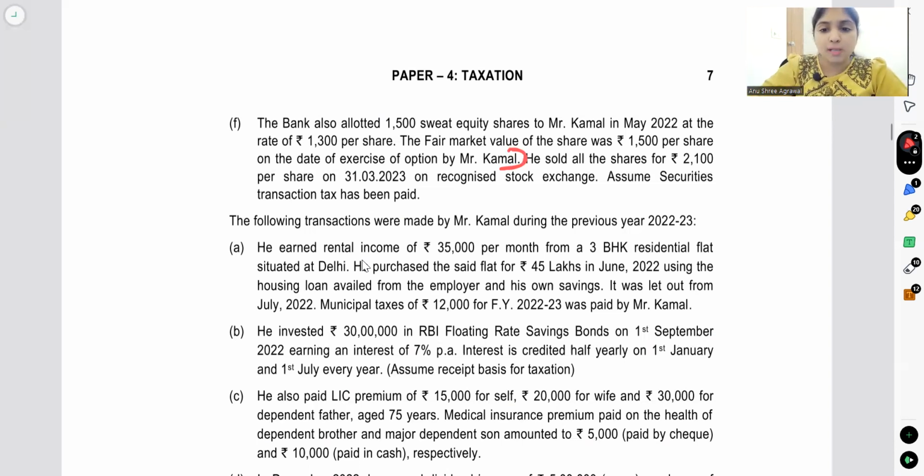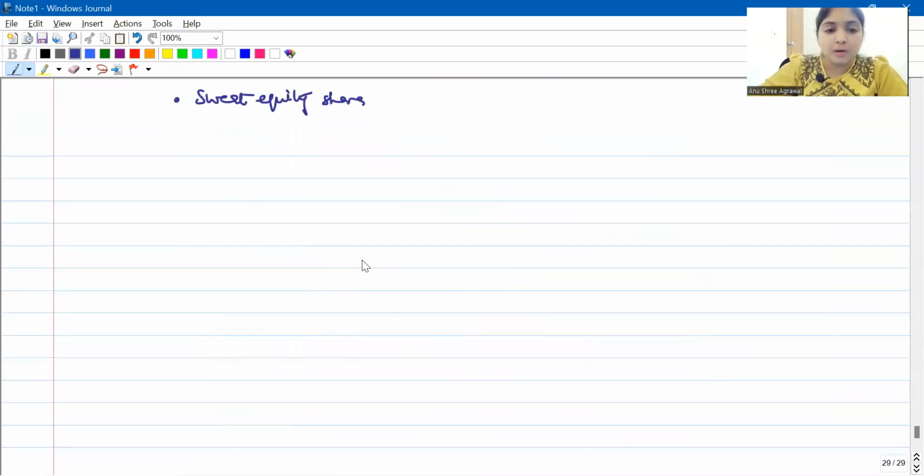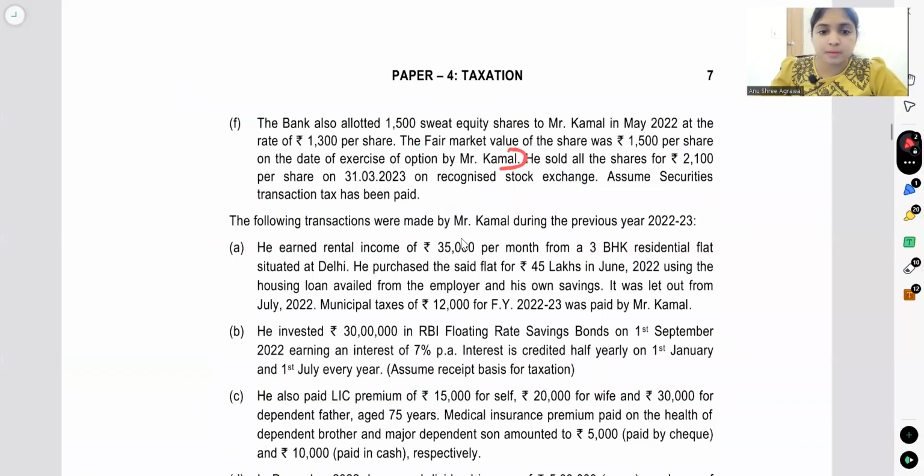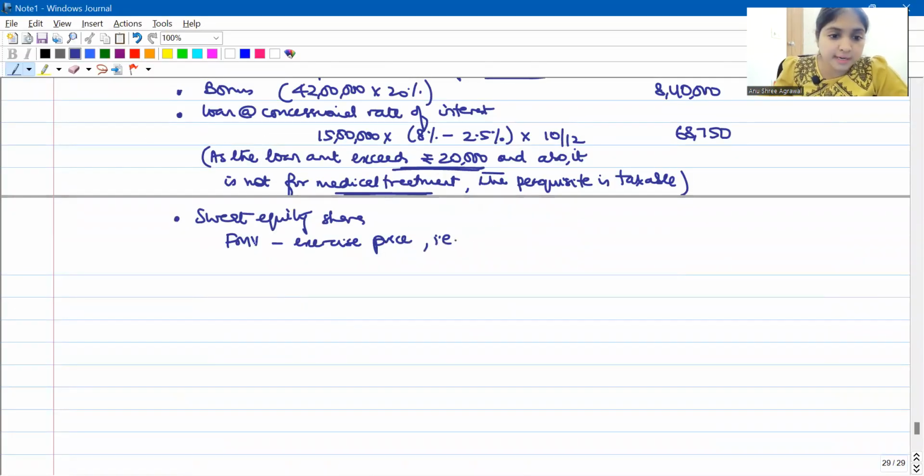So we have to write all that theory also. So write down under sweat equity shares, FMV minus exercise price. Guys, please make a correction. Write down FMV on the date of exercise of option.